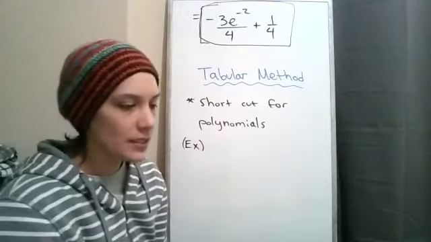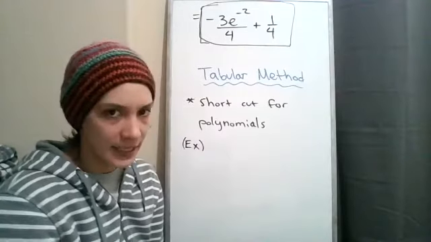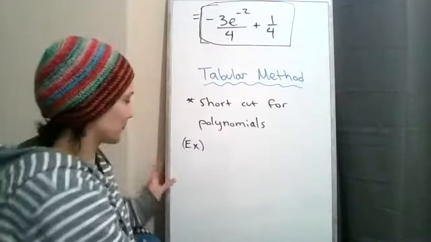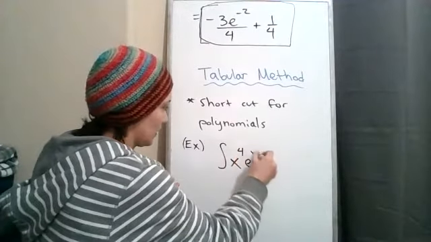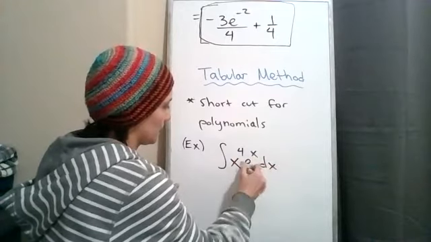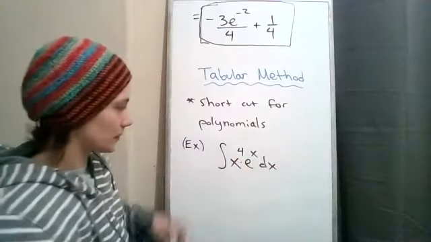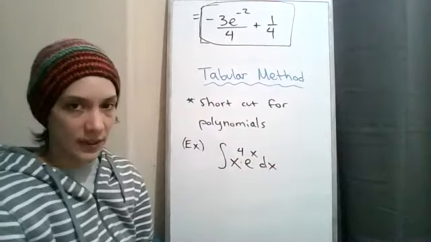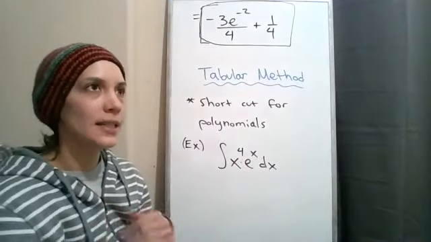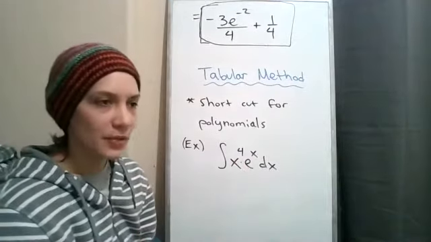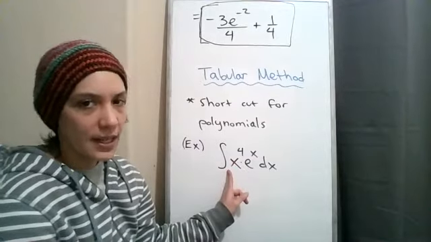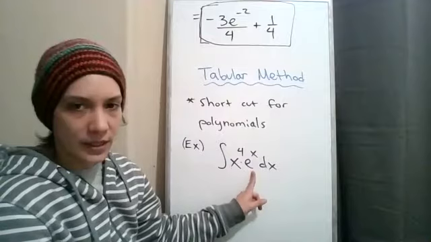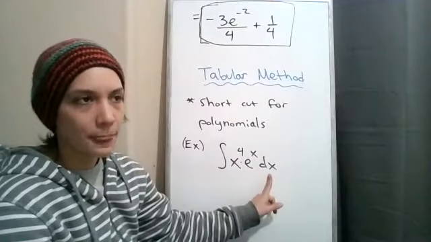The example is to integrate x to the 4th e to the x dx. So you pick the function that would get simple or simplified as you do the derivative. We'll choose x to the 4th, and that will be your u.